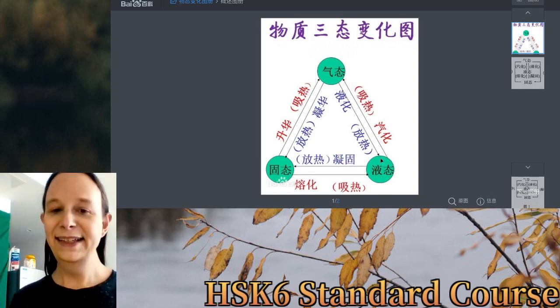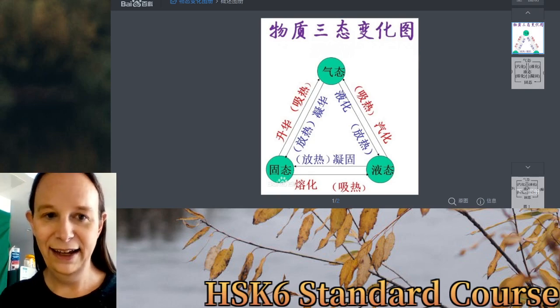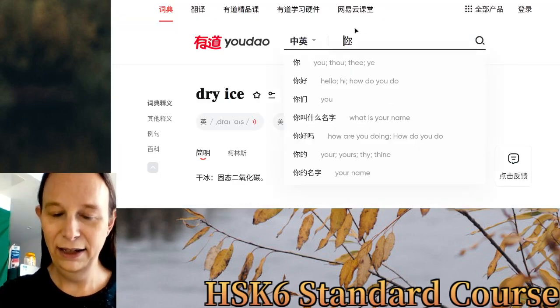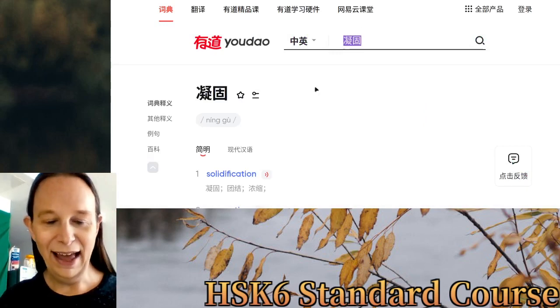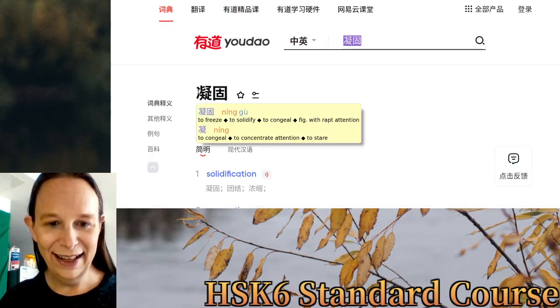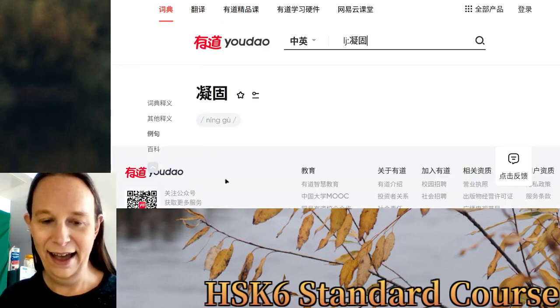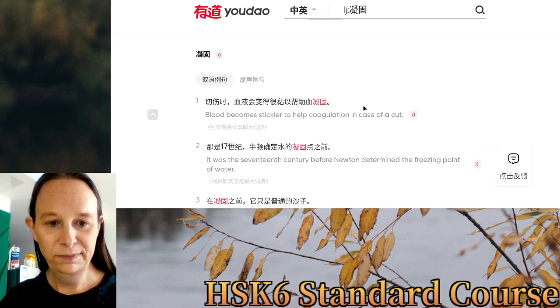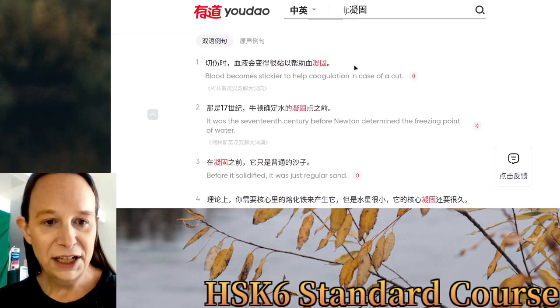All right, so that's 凝固 in the physics concept, but you can also use it in a non-physics sense. You can use it to mean coagulate or congeal, and you can use it figuratively as well. Yeah, here's a good one. 切伤时.